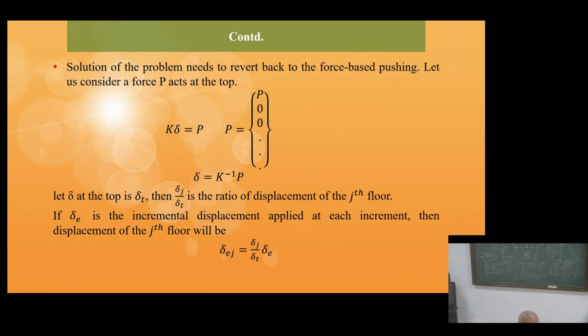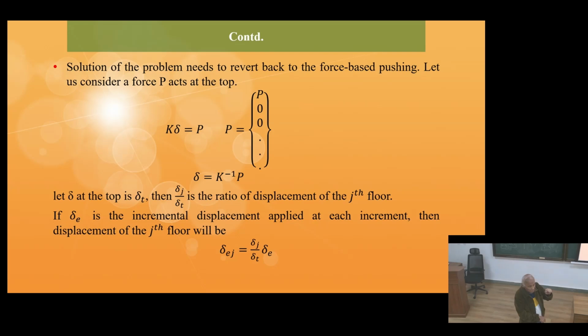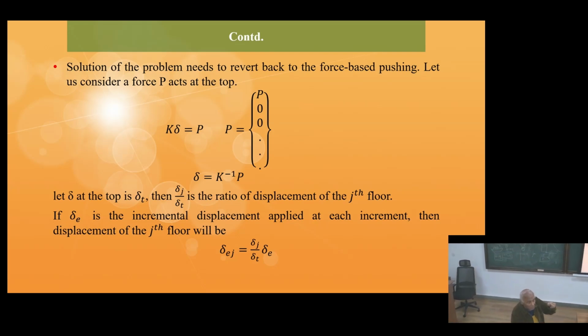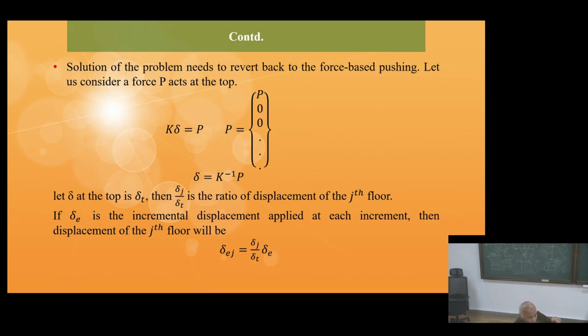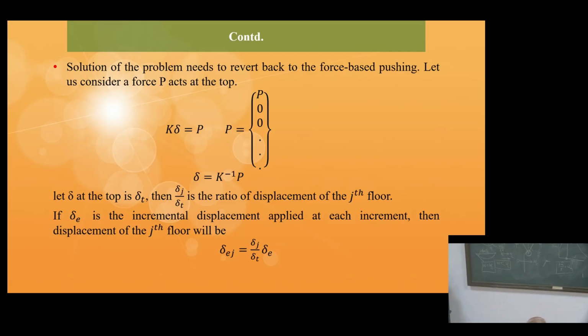So what is the problem that you can see beneath it? Beneath this, there is a problem that in order to get the displacement, you are giving a displacement at the top only, and trying to find out the displacement at other points.